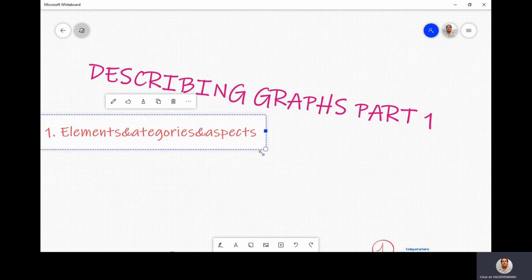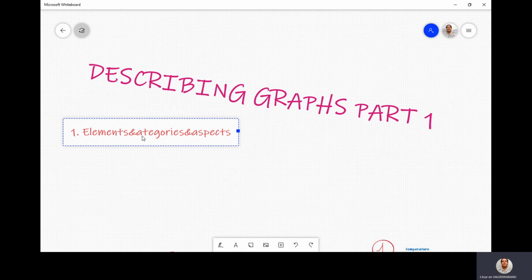The point number two is the introductory verbs.